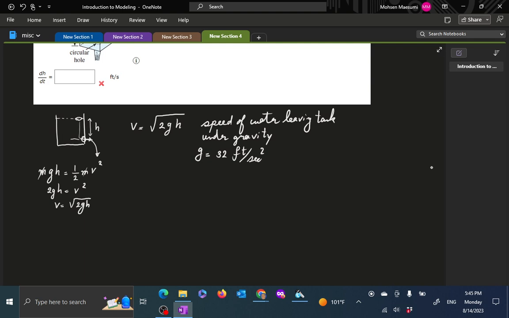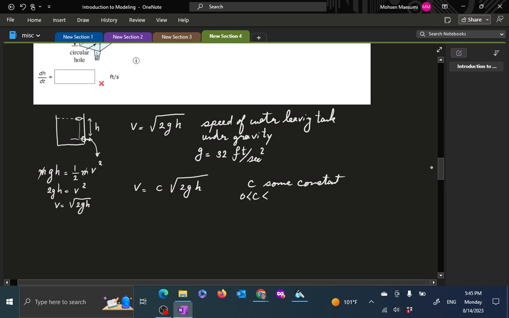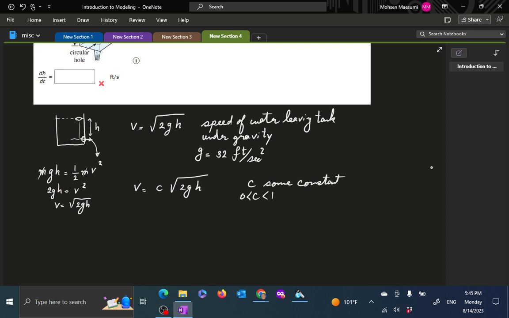So the velocity coming out is some constant c times the square root of 2gh. So c is some experimental constant. It is less than 1 because it signifies that we are losing energy, and the water coming out is not quite as fast as it should be because we have lost some energy.